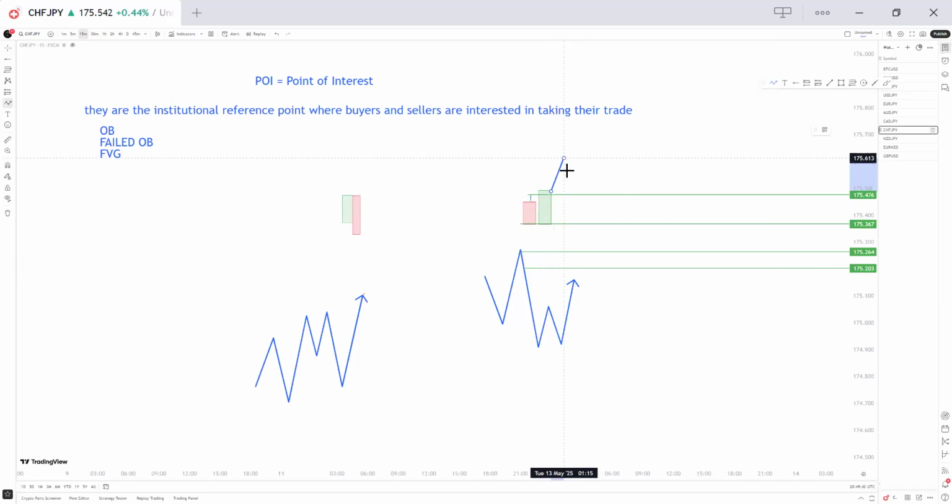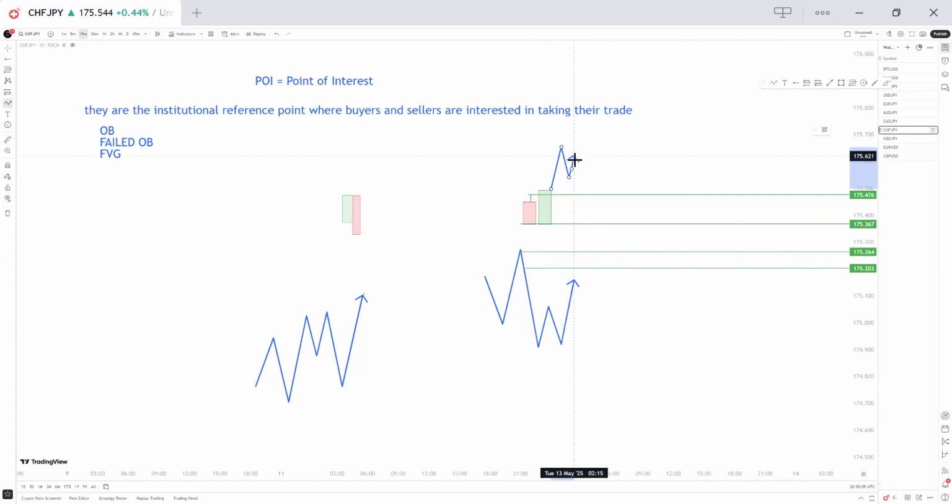Price started going up, came back to give us liquidity. It didn't give us full liquidity. Okay, let me just use this. This one makes sense. Price started going up, then it came down like this and went up a little bit like this. It didn't give us up to 50% reversal of the liquidity.